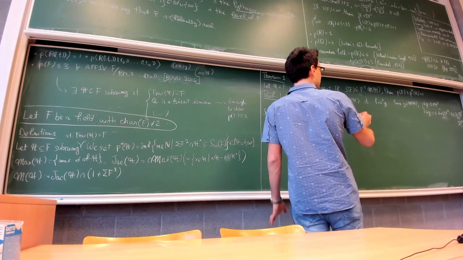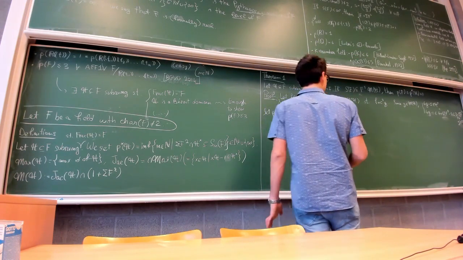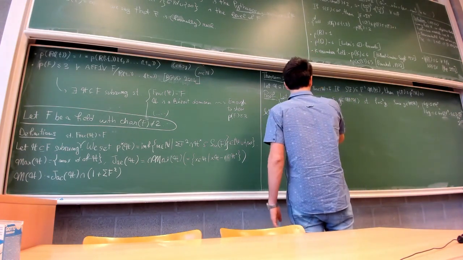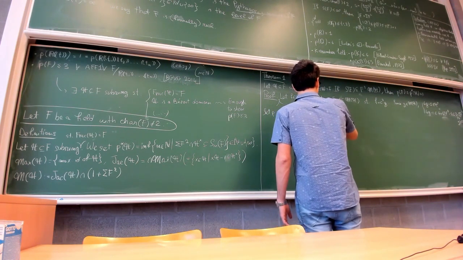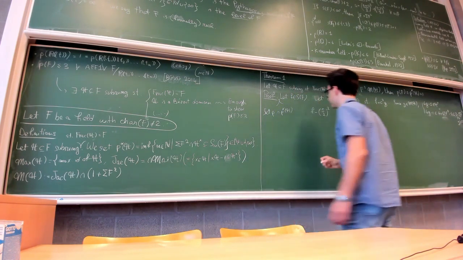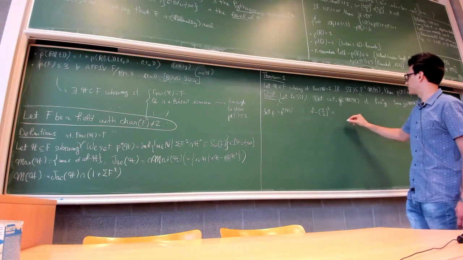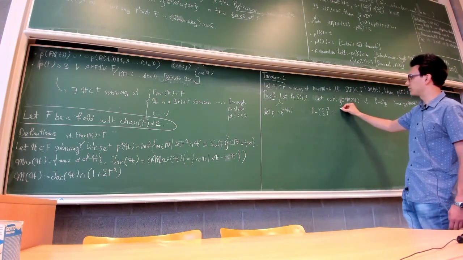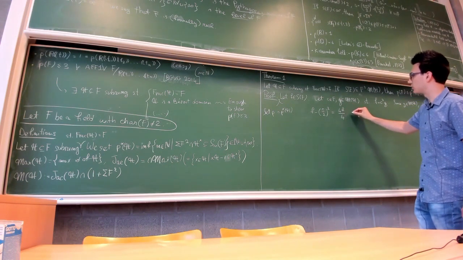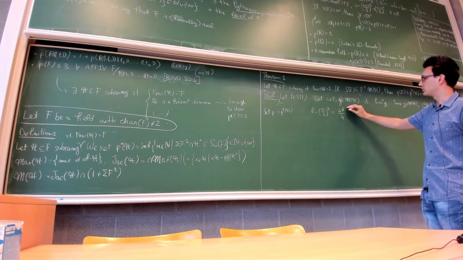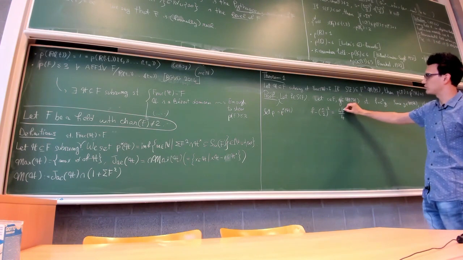Okay, you're wondering why am I looking at 4G minus 1? Because now I can look at this element. So what is this? This can be written as 4F divided by 4, F is C squared G, right?